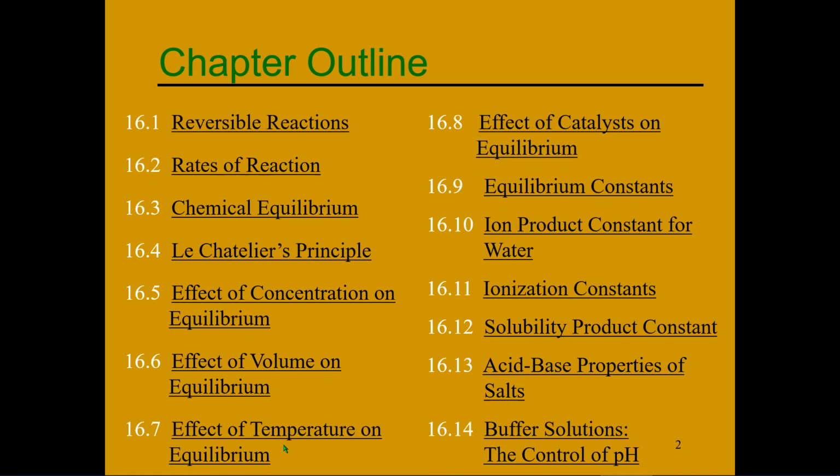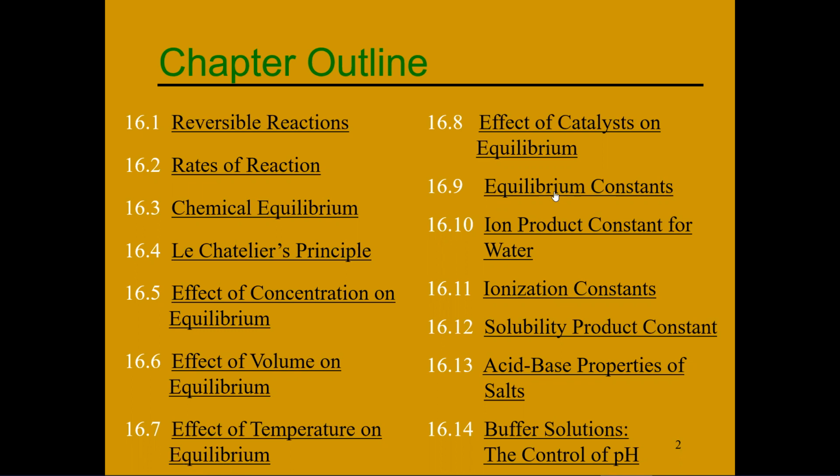And the main things about this, you start off with the reversible reactions here, rates of reaction, chemical equilibrium, Le Chatelier's principle, the effect of concentration and equilibrium, effect of volume, temperature, catalysts, etc. And then the ion constant, acid-base properties of salts, and then buffer solutions to talk about the control of pH.